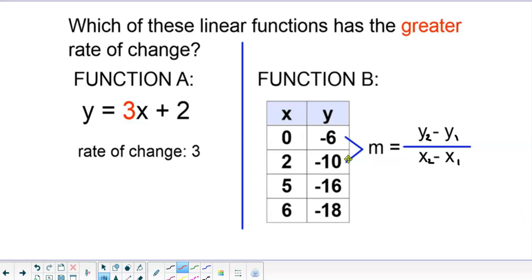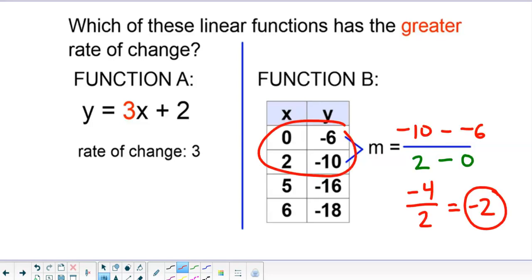We substitute our y2 and y1 values in the numerator, and our x2 and x1 values in the denominator, like this. y2 minus y1 is -4, and x2 minus x1 is 2. When I simplify this fraction, I get a rate of change of -2.